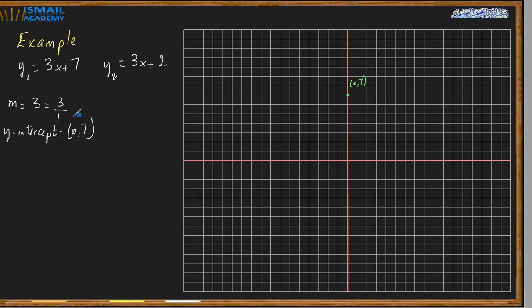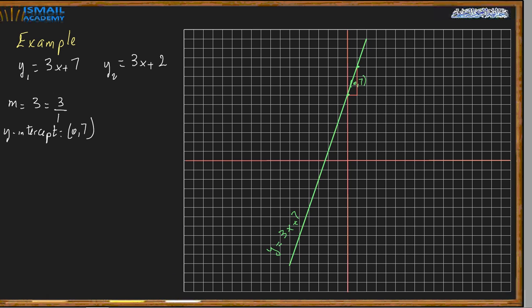Now I run 1 and rise 3: I move to the right by 1 and up 3. Now I find the location of my second point here. Now I have 2 points, so I can draw my line. Alright, this is my line y equals 3x plus 7.